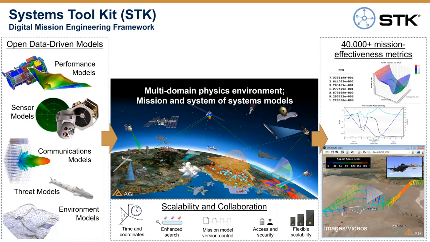And not only that, but within STK, we have over 40,000 mission effective metrics. So once you push your models in there, whether they be your sensor models, communication models, threat models, and so on, you can pull out any relevant data that is important to your mission.